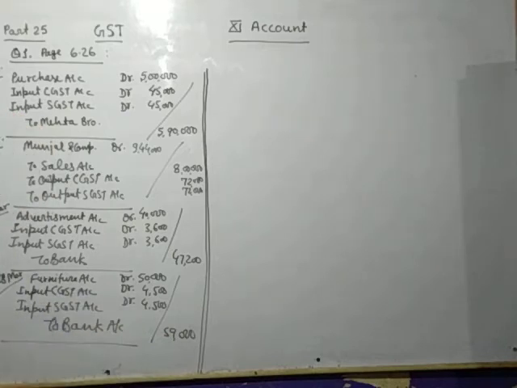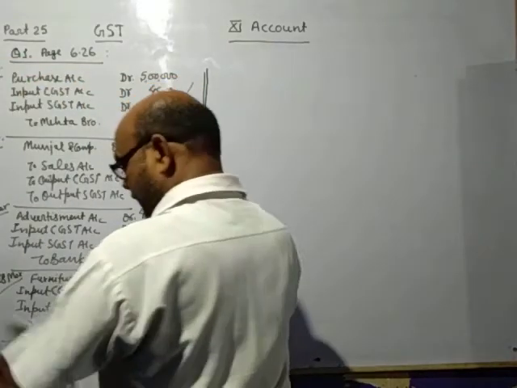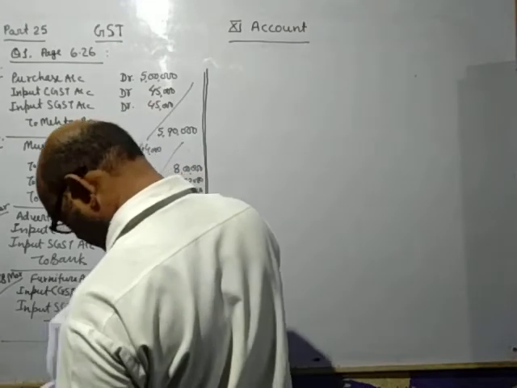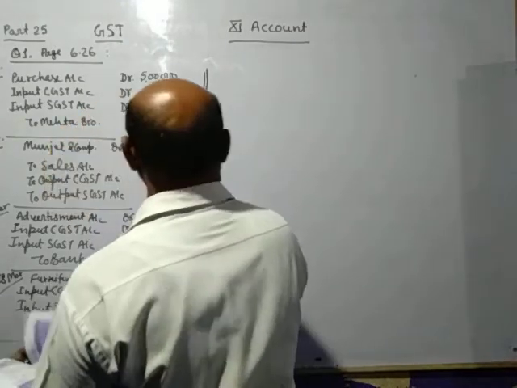Next one, paid for printing and stationery 8,000. Date is given, 25 March.